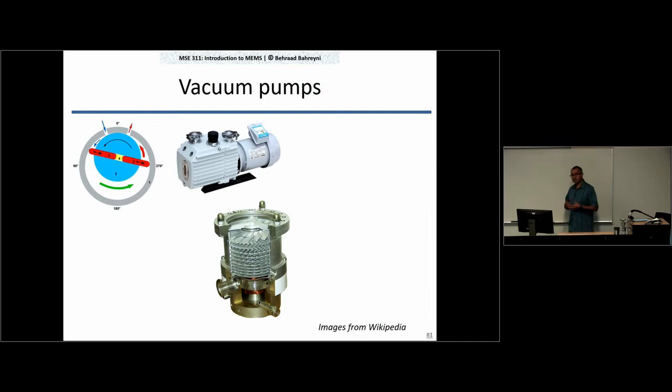A turbo pump is a type of pump you can use in those cases. In this case, you have a bunch of rotating blades that are spinning at very high speeds, 10,000, 12,000, 15,000 RPM. And the way they work is that they actually move gas at those kinds of pressures. When you talk about 1 millitorr or 0.1 millitorr, there is really no continuous gas flow.